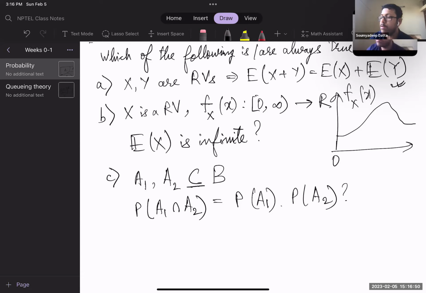So if you're asked this question in general for any A1 and A2, this might not hold, right? So in that way, it is incorrect. If you get an MCQ question like this, you should probably mark it wrong because that information is not provided. So in general, you can answer this as incorrect because it won't always be true.